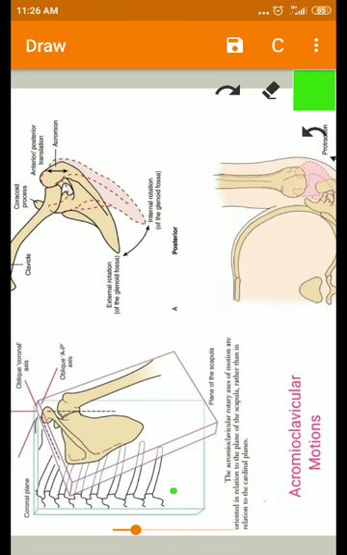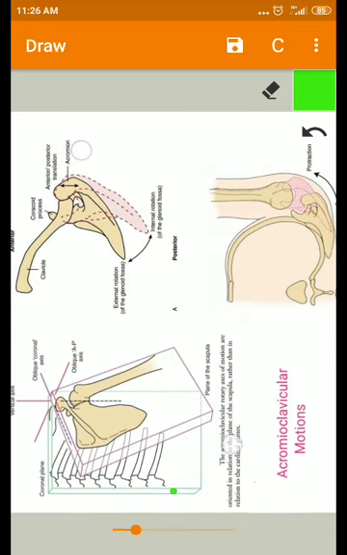Okay, this is about the range of motions taking place during internal and external rotations at the acromioclavicular joint. Though we are studying all these movements based on the plane of the scapula, we have to mention that all these motions are taking place at the acromioclavicular joint.